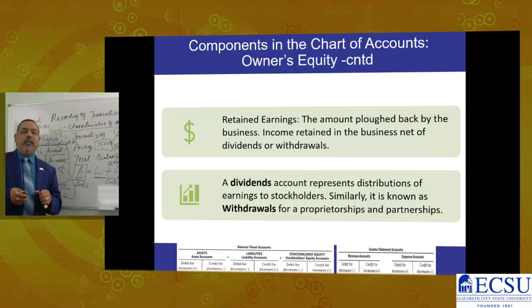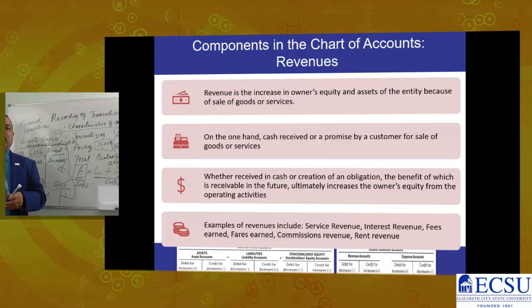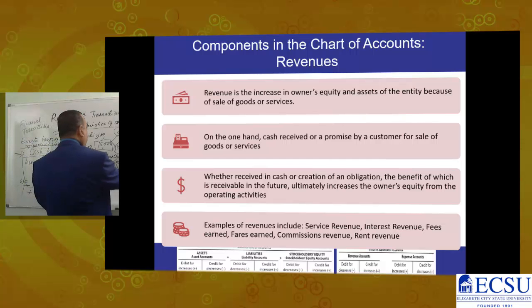That will be, of course, net of dividends and any withdrawal if it is a sole proprietor or a partner. A dividend account basically represents a distribution of earnings to the stockholders, and it could be considered a withdrawal for a proprietorship or a partnership. So that is the third element here in the balance sheet.